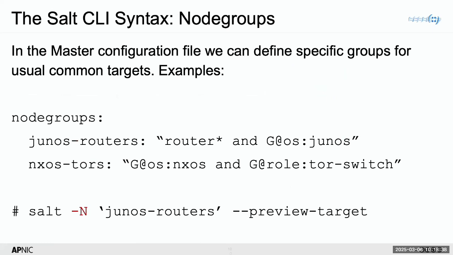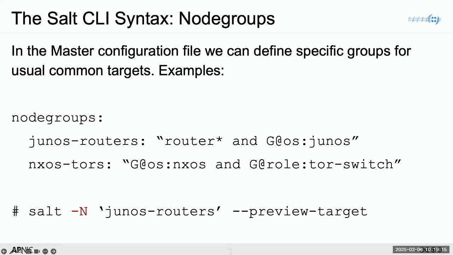So in the master configuration file, we can define specific groups for the common user targets we have. We can have the node group like the Junos router, we can have Cisco routers, we can have Arista, we can have Huawei. That helps us to combine these things based on the node groups we have. Then we can just select one node group, like salt-n node group and Junos router, so it will then only execute those commands on the Junos routers only.